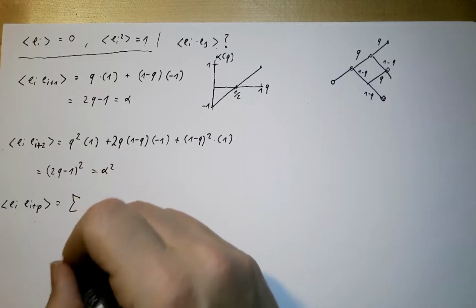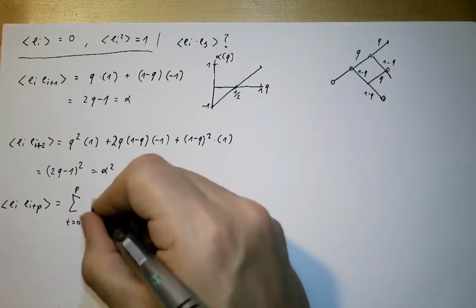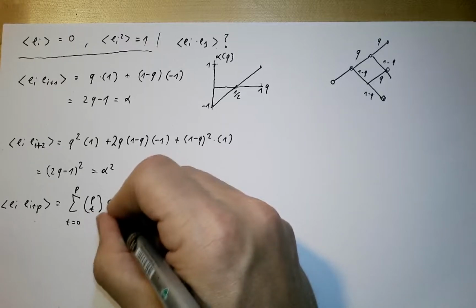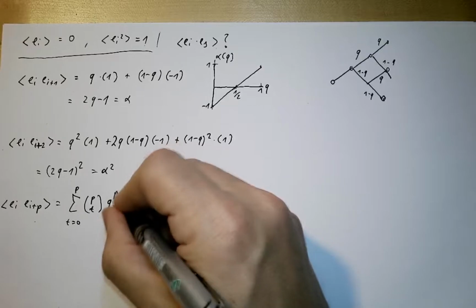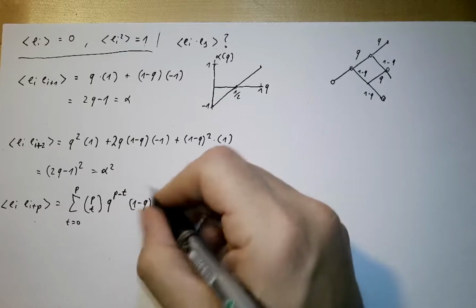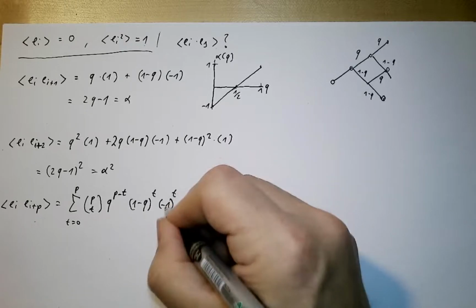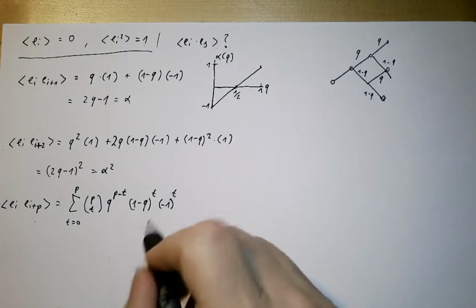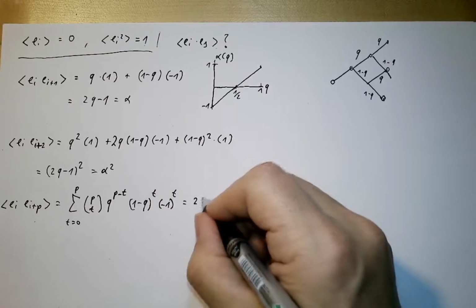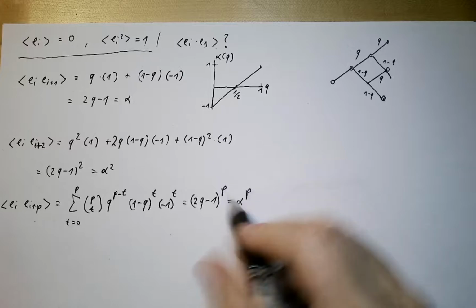So we have to sum over t equals 0 until p, over t, then q appears p minus t times, then we have 1 minus q, which appears t times, and then we have t inversions of the sign, so we have (-1) to the power t, but that's a binomial sum, and so this is just (2q minus 1) to the power p, so it's alpha to the power p.